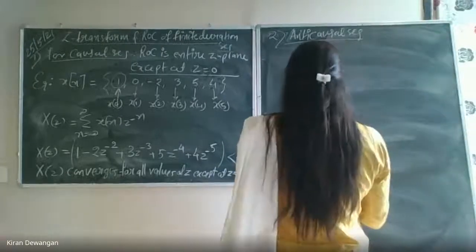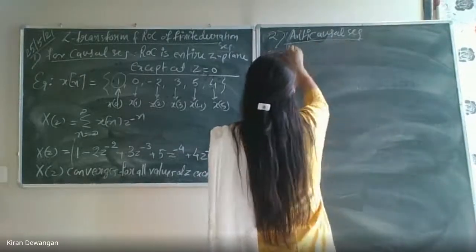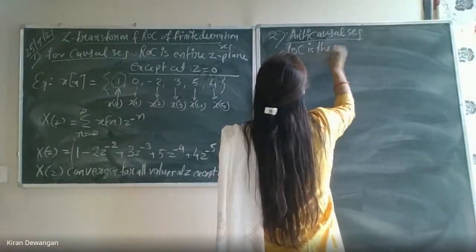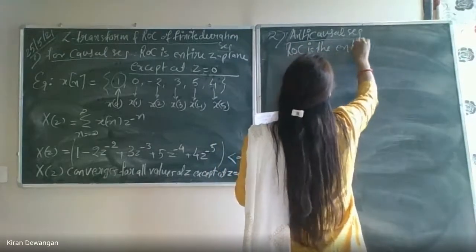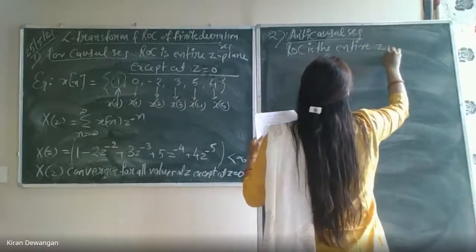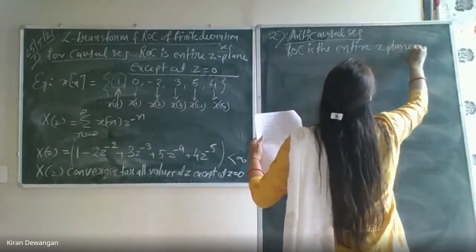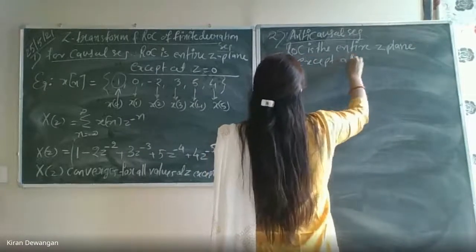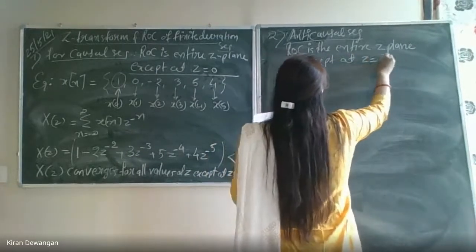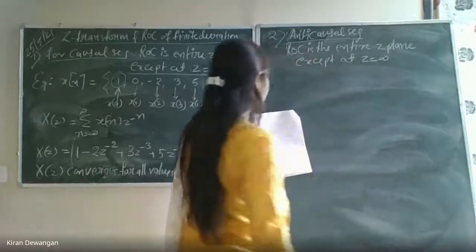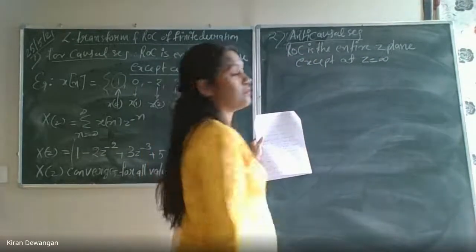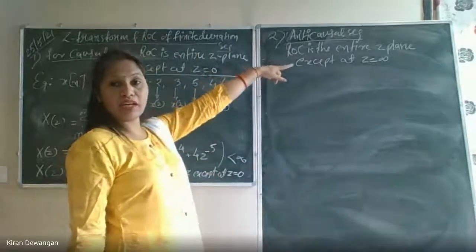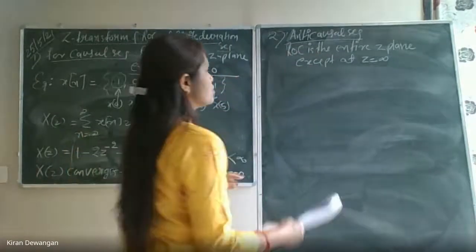In that case, for anti-causal sequence, ROC is the entire Z plane except at Z equals to infinity. ठीक है, except at Z equals to infinity. Now here the condition is different. ROC is the entire Z plane again, but except at Z equals to infinity.